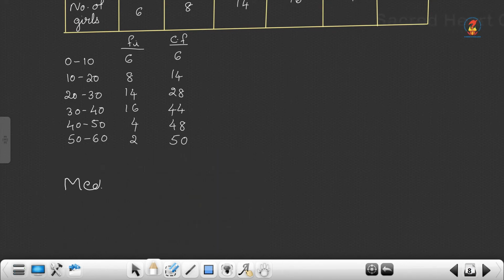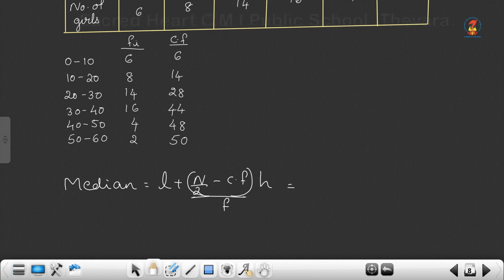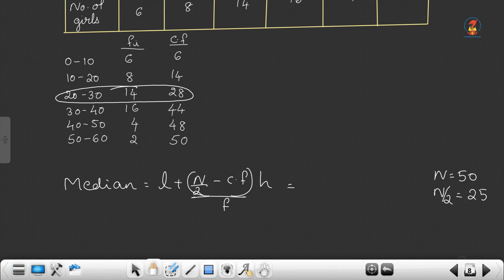The median formula is equal to L plus N by 2 minus CF by F into H. So what is N by 2? Total frequency N is equal to 50. So N by 2 is equal to 25. In the cumulative frequency column there is no 25, but the number greater than 25, that is 28, is here. So you have to mark that, that is the median class.